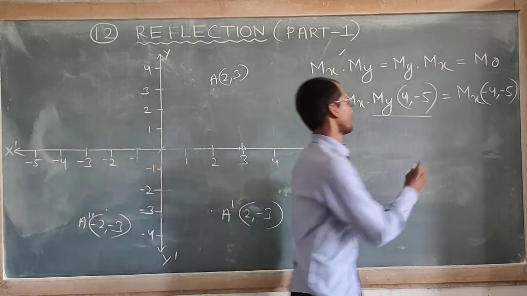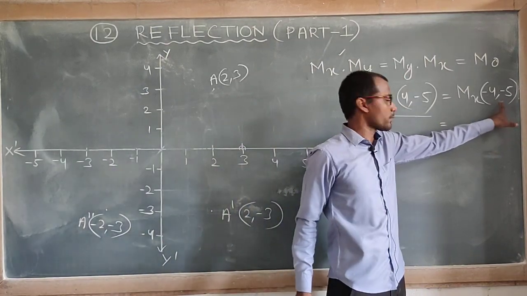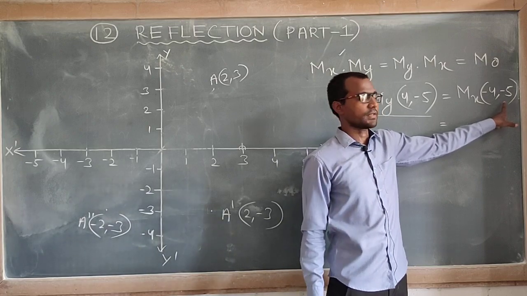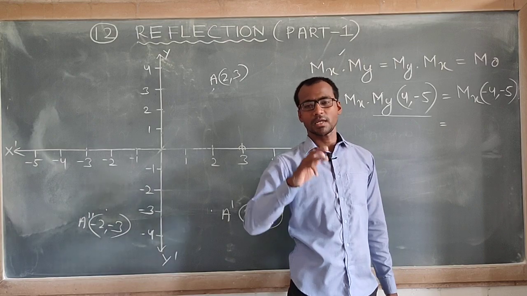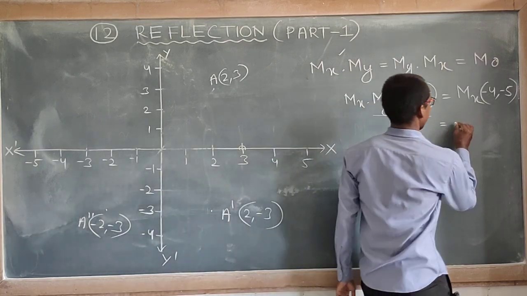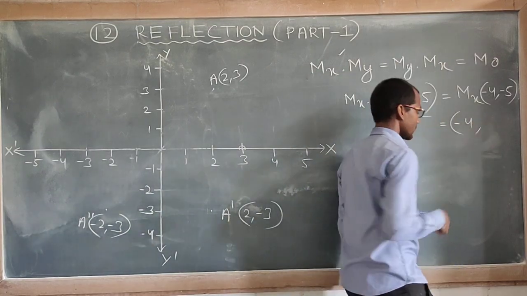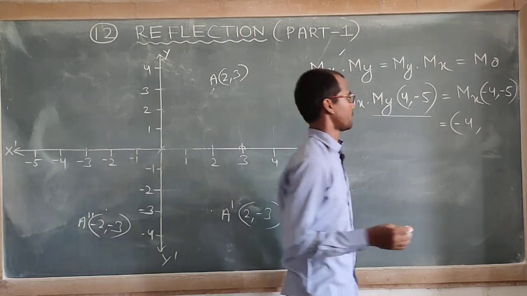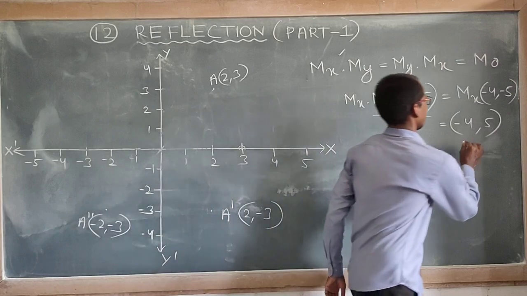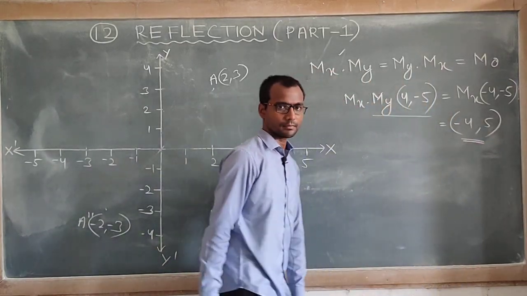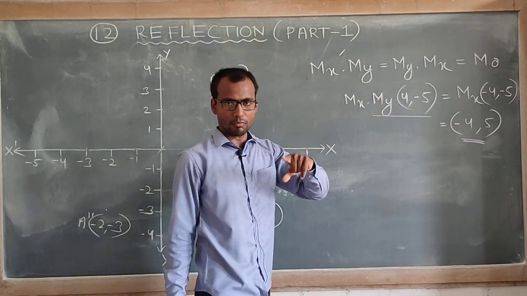Our next target is to reflect this new point, (-4, -5), in the x-axis. When a point is reflected in the x-axis, its y-coordinate will change. So -4 will remain as it is. -5 will become +5. So this is the final image when we did Mx into My.